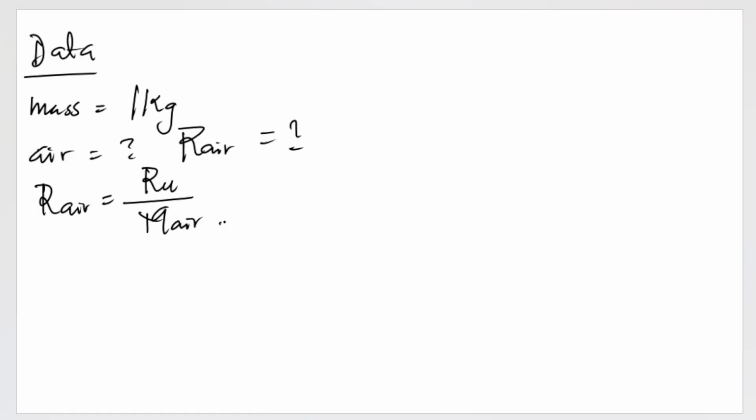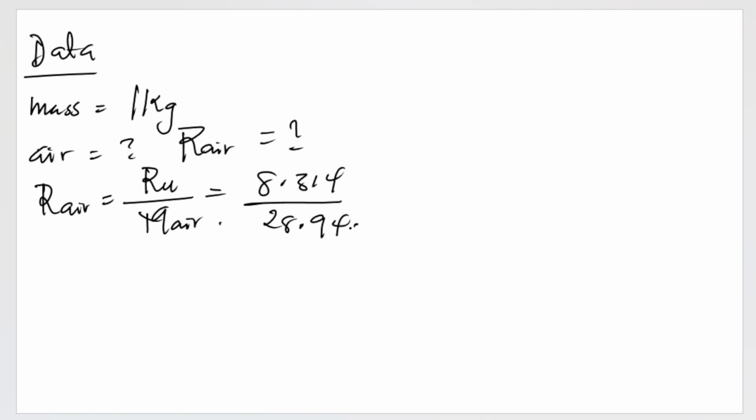In some questions, they will give you the molar mass of air. And we know that the molar mass of air is 28.97. And we also know that RU is a constant value, which is 8.314, divided by 28.94.